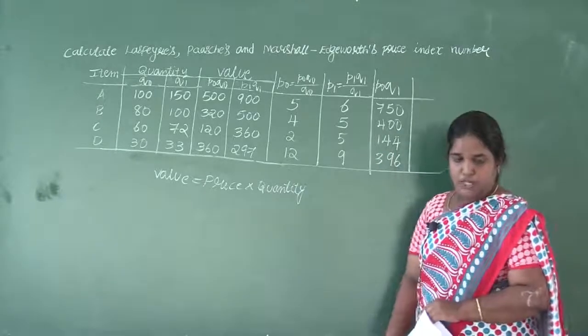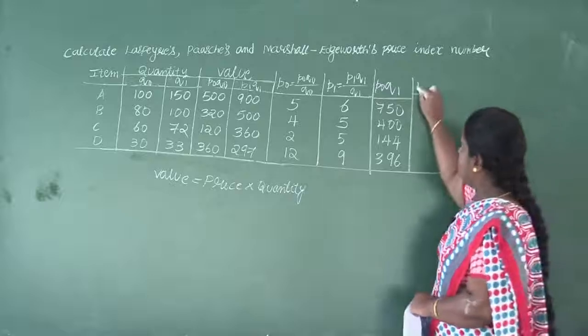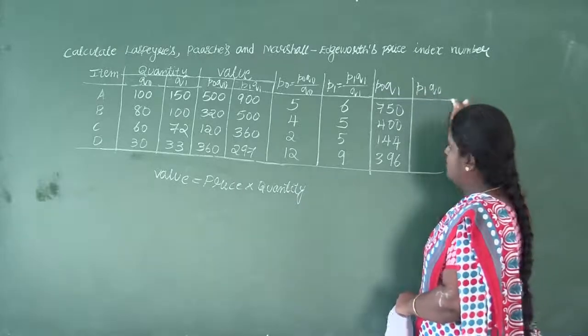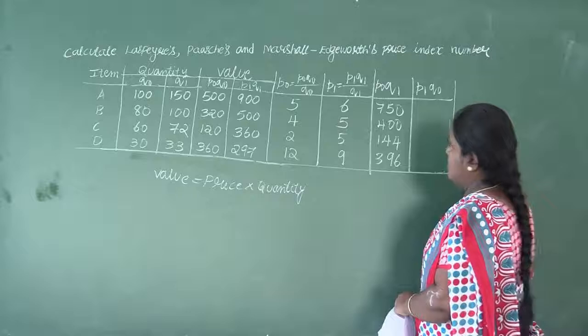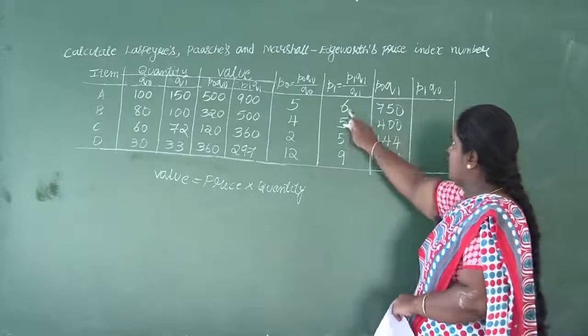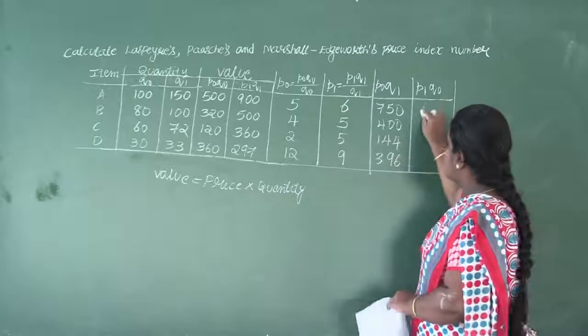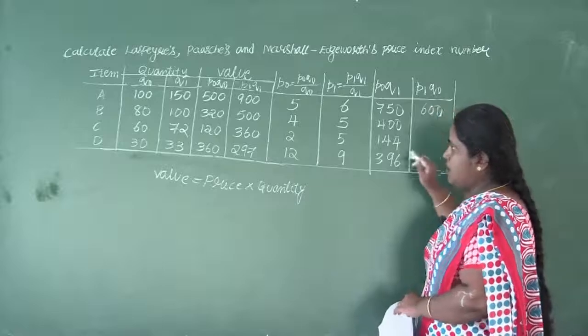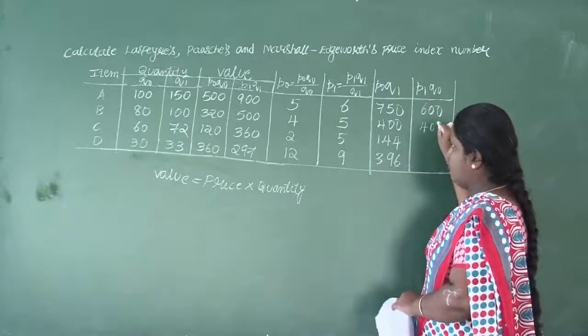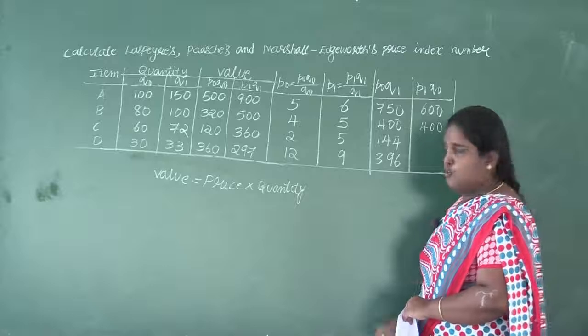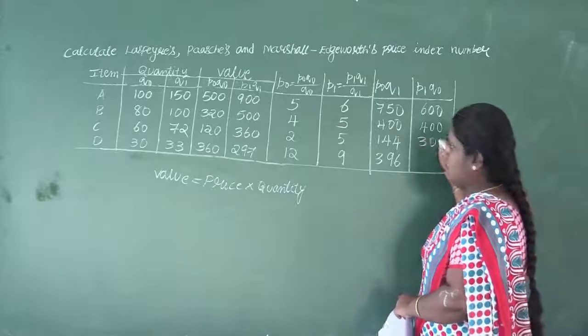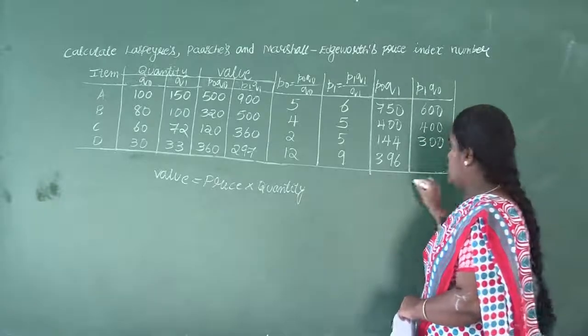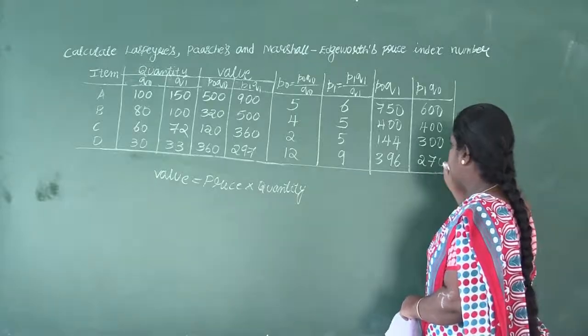After this, we have to multiply P1 and Q0. So Q0 is 100 into 6, 600, 80 into 5, 400, 60 into 5, 300, 30 into 9, 270.